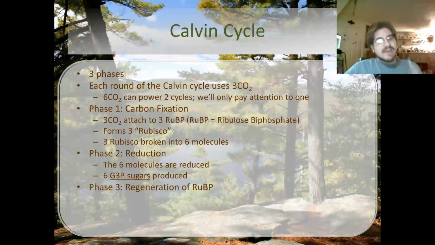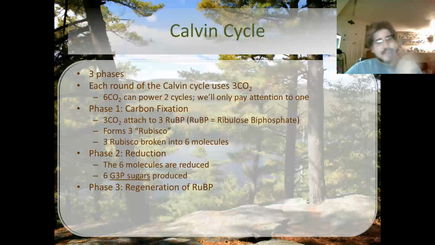All right, phase 3, well, this is a cycle, which means it has to keep going over and over and over again. And at the beginning of the cycle, we had ribulose biphosphate. But we bound up ribulose biphosphate to carbon dioxide to make Rubisco, and then broke that into 6 molecules that became sugars, 6 G3P sugars. We no longer have ribulose biphosphate.